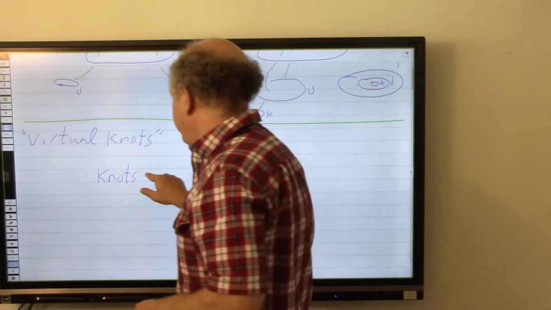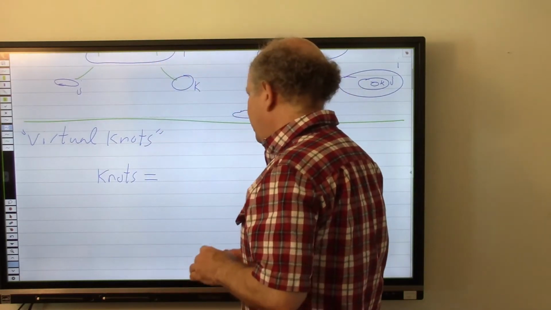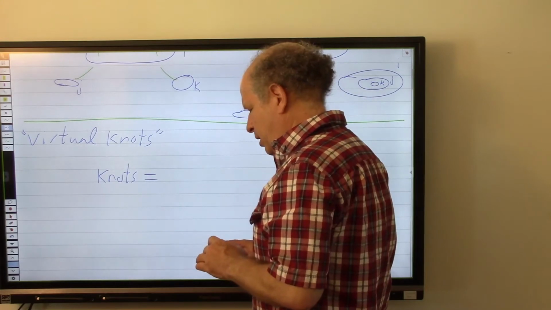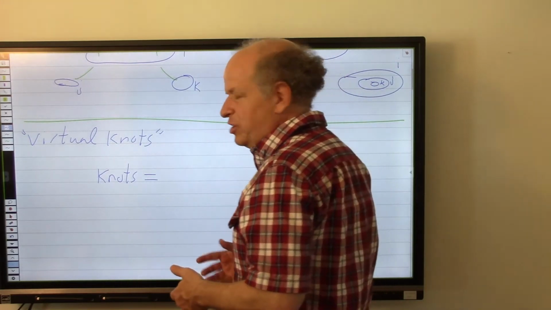So one definition of knots is graphs with certain properties.